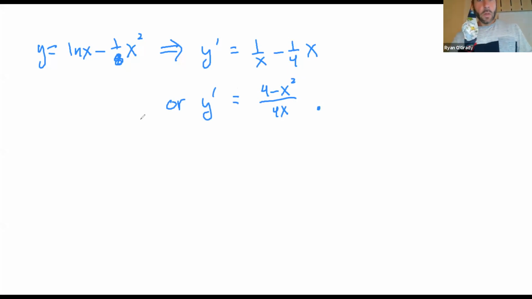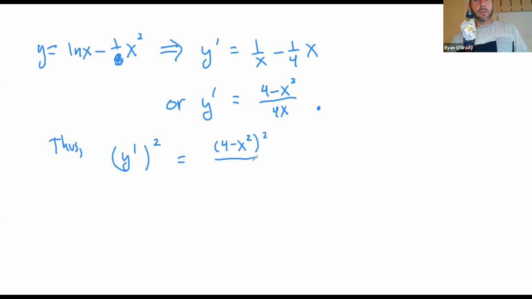Now, why did I want to do it that way? Well, now when I square it, I can square upstairs a little cleaner. So this is 4 minus x squared quantity squared over 16x squared. Okay, now what I'd like to do is multiply out the numerator.